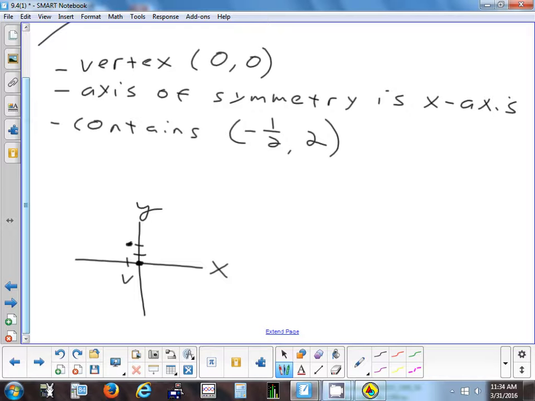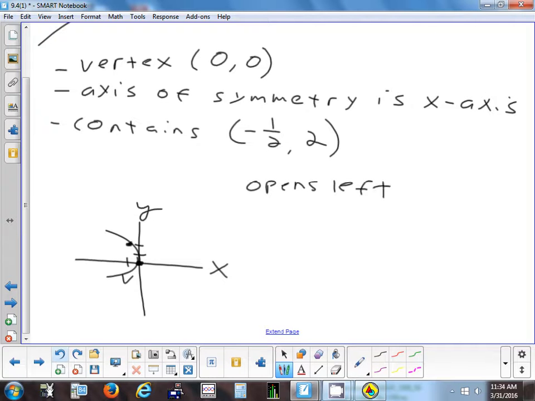Okay, it has to either be opening left or right. So which way does it open in this case? Yeah, it has to open left. If it opened right, it would never go through that point. Okay, so it's got to open like that. Right, so it opens left.